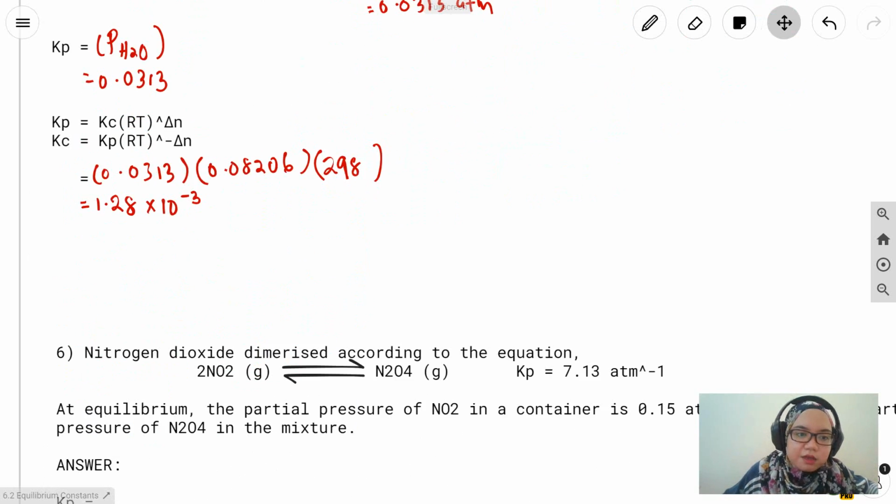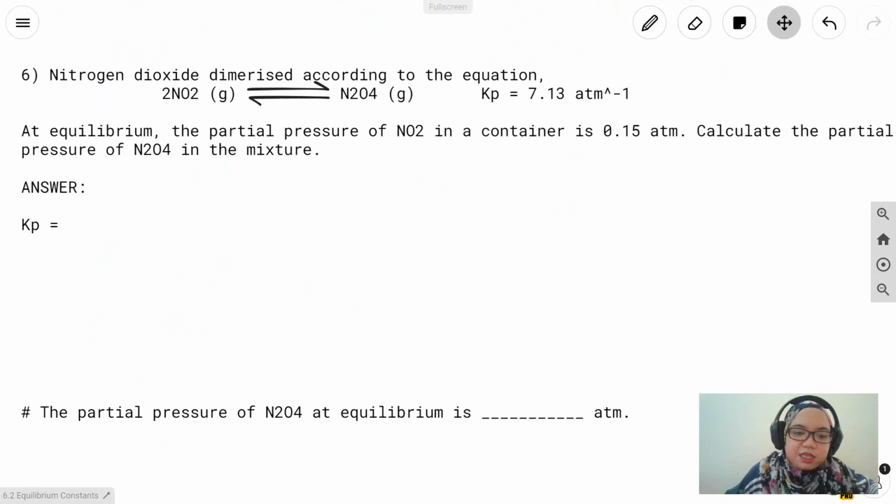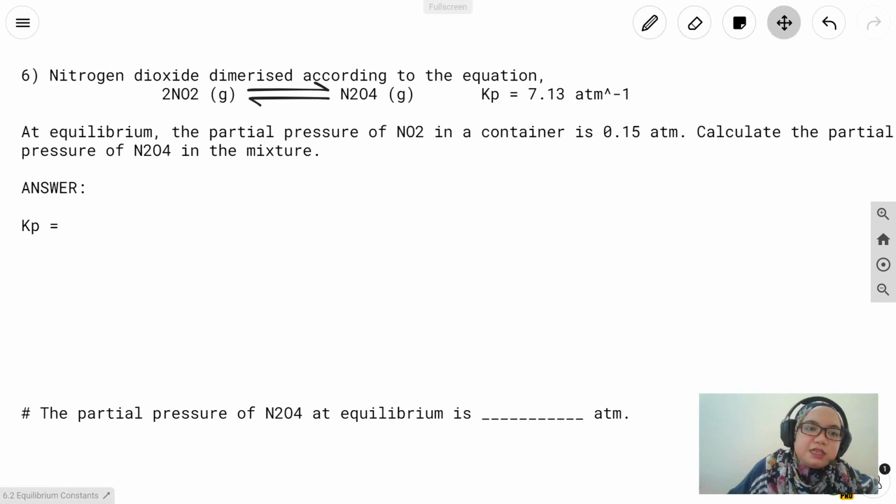Okay. So now for number 6, it says that nitrogen dioxide dimerizes according to the equation. So 2 nitrogen dioxide gas dimerizes into N2O4 gas. So they give Kp is equal to 7.13 per ATM. Supposedly Kp is dimensionless, it has no unit.